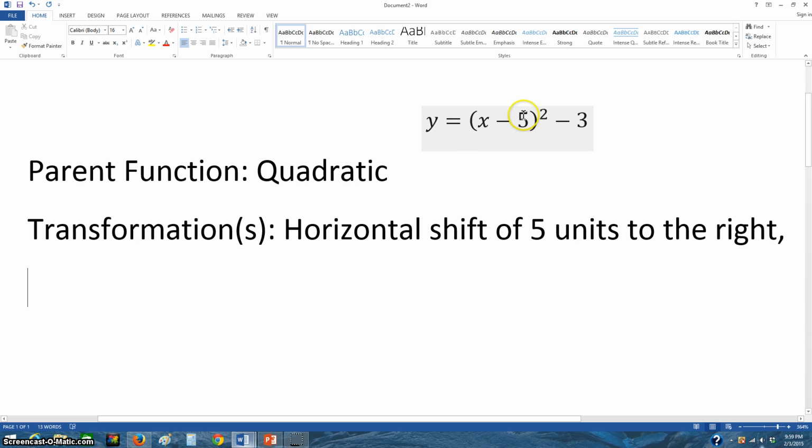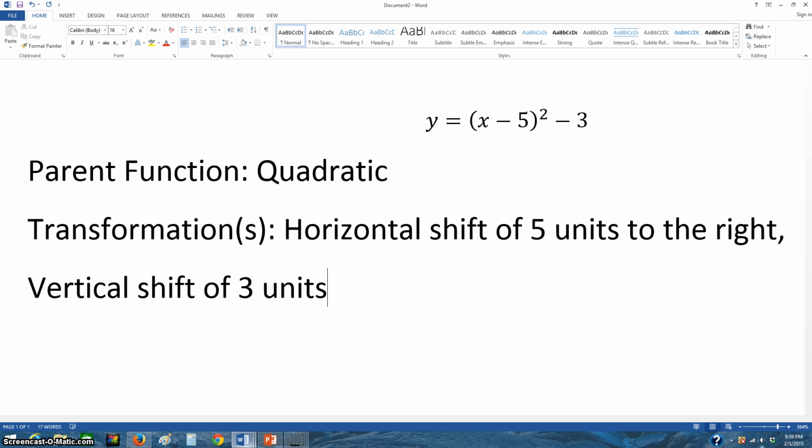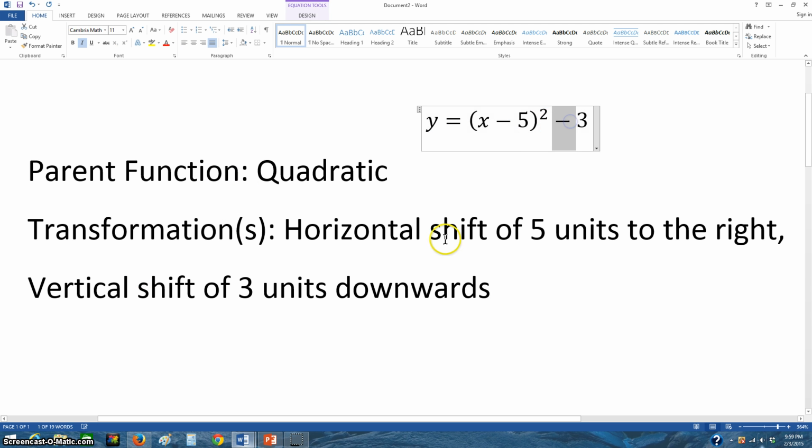And then this minus 3 is going to be a vertical shift of 3 units downwards, because of this minus here. Remember, the minus inside, we think the opposite, so we're moving 5 units to the right. The minus outside is just as it is, so we're moving it 3 units downwards.